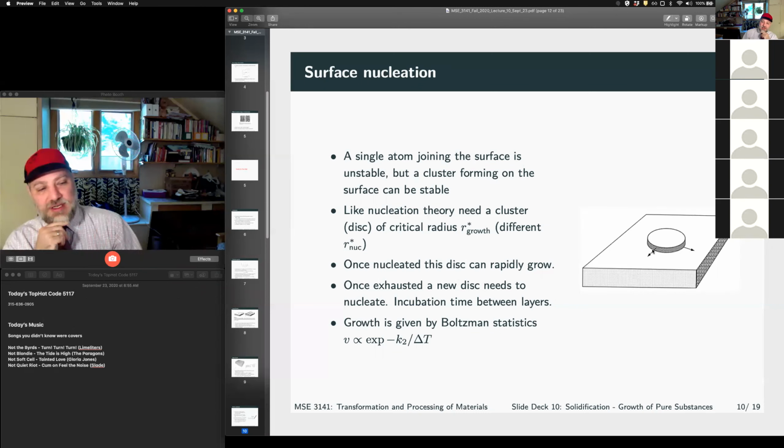There's going to be some stable disk size, and if we nucleate this disk, then it's going to stay stable. And then once nucleated, this disk can rapidly grow by ledge mechanisms. There's another subtlety here because schematically, we show this disk as being round, right?